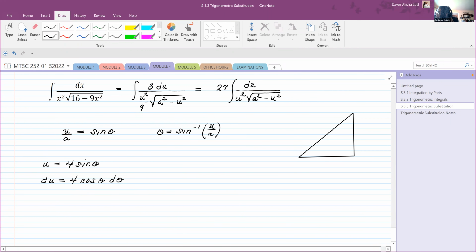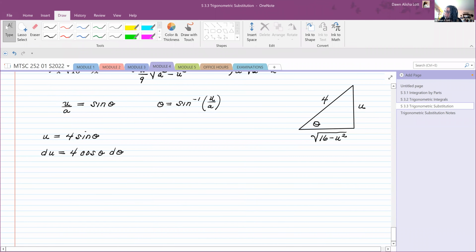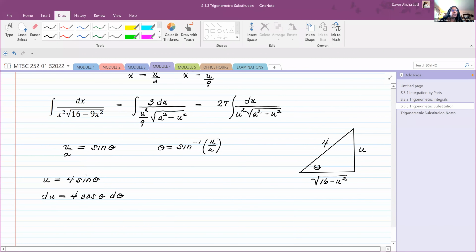Okay, so here's theta. So u over 4 is the sine of theta. So this side is the square root of 16 minus u squared. Okay, what else do I need for my problem?